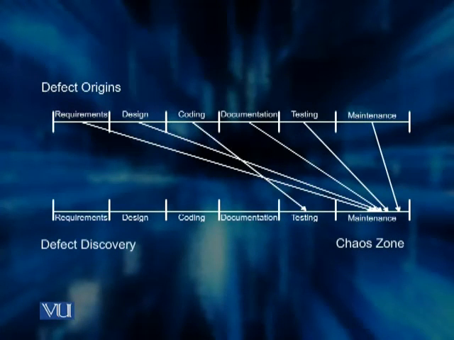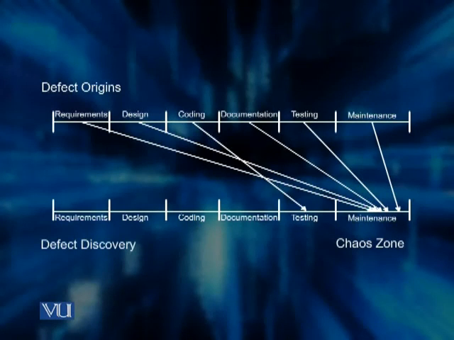You see, this diagram relates defect origins and discovery points in a situation where we don't have formal inspections. We have requirements defects introduced and they are detected in the maintenance activity. Then we have design defects uncovered in the maintenance activity.